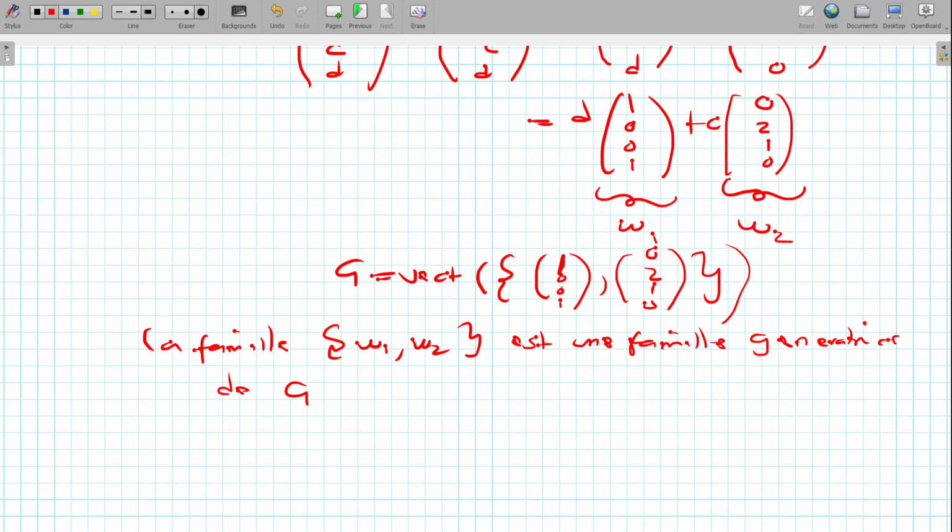Il est clair que this family of vectors is libre, so you write the same statement here. This family of vectors, that is W1, W2, est libre and then c'est donc une base de G. So the dimension of G is equal to 2.